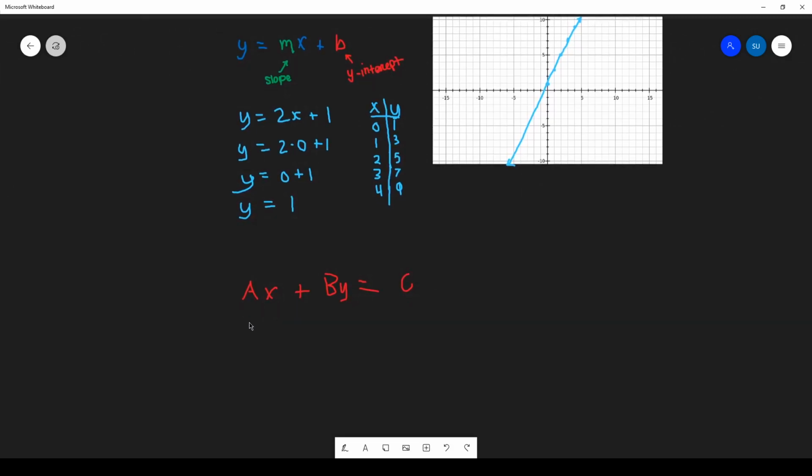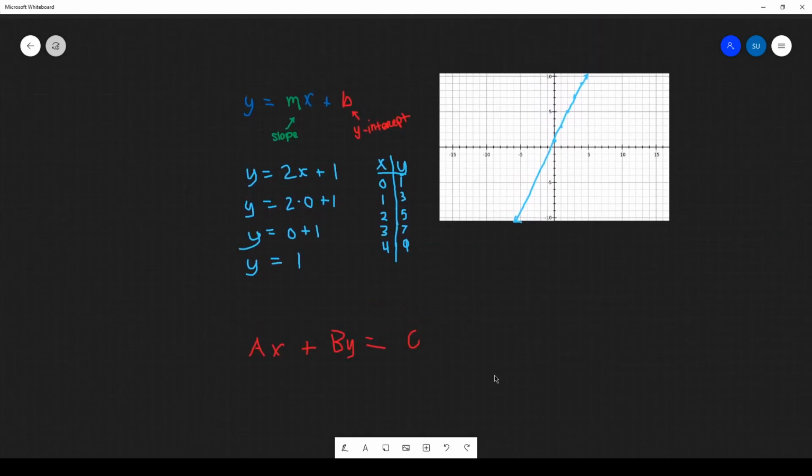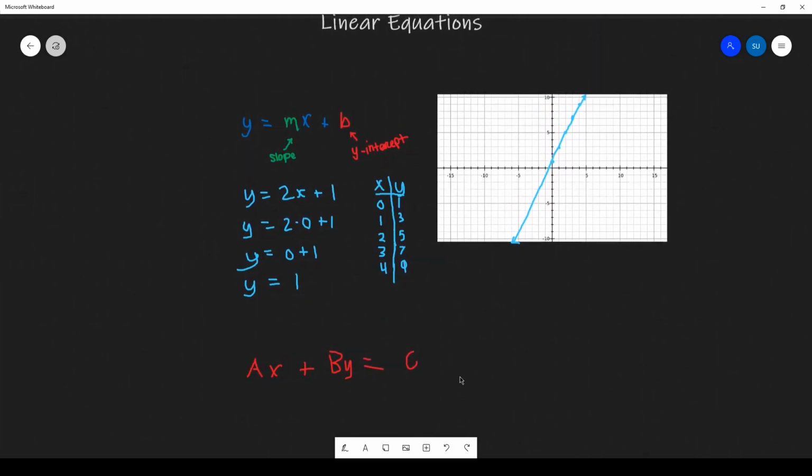So you could just subtract ax on both sides, and you would get by equals c minus ax, and then you could divide by b and get y equals c over b minus a over b x, right? So really, these numbers are going to be the coefficients.